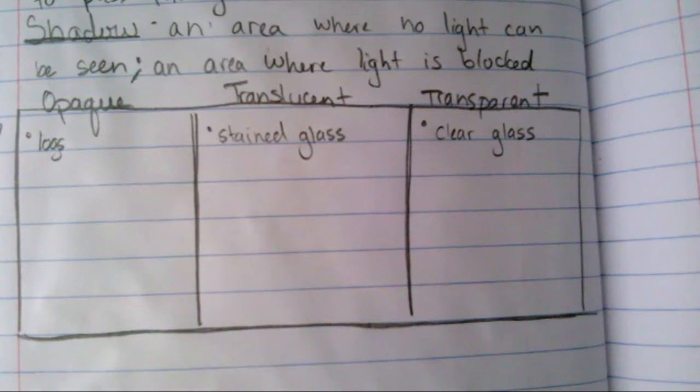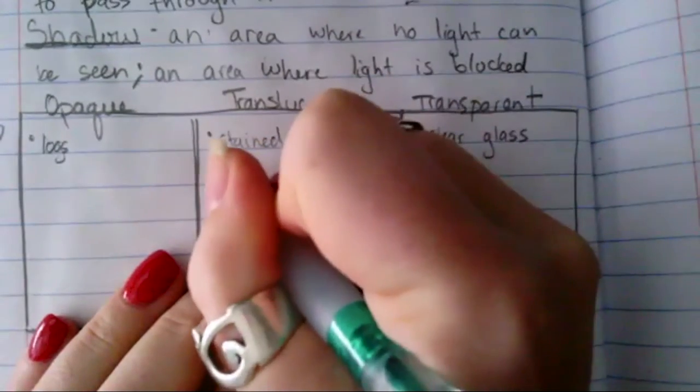Yes. Okay. So what's an example? Does anybody have another example of one of these? I do. Are you allowed to do 2 for 1? Sure. Okay, so translucent. I have 1, could be paper.